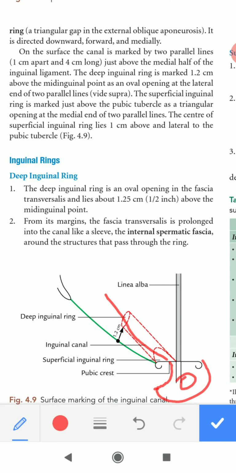And one structure, that is gubernaculum, is attached to the lower pole of the testis, and this gubernaculum helps to descend the testis and to get it into its normal anatomical position.